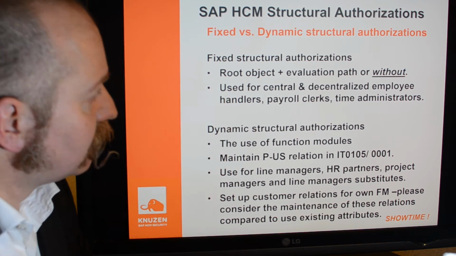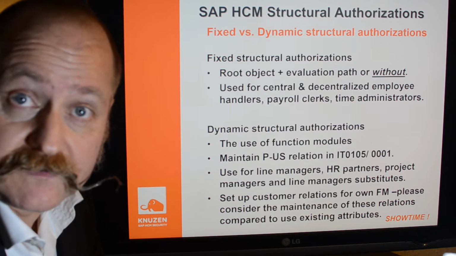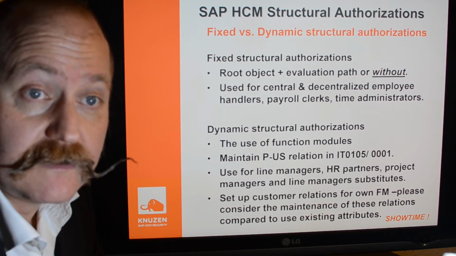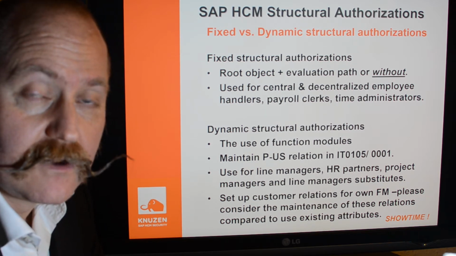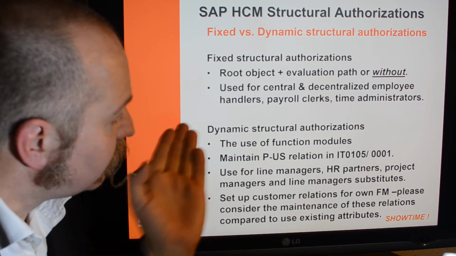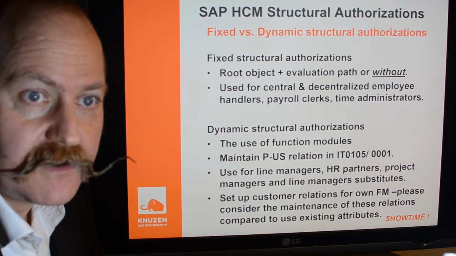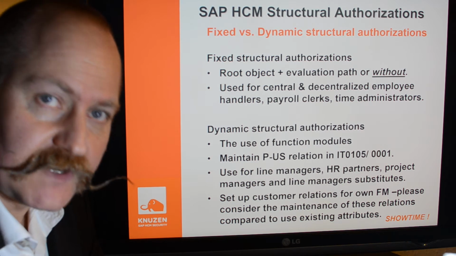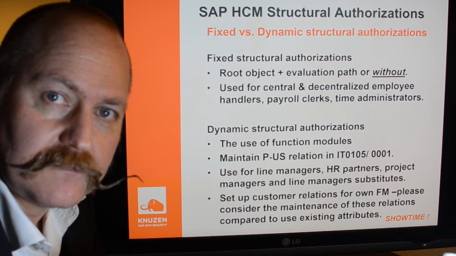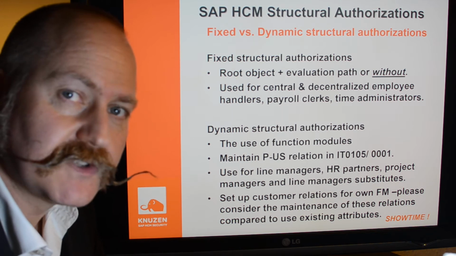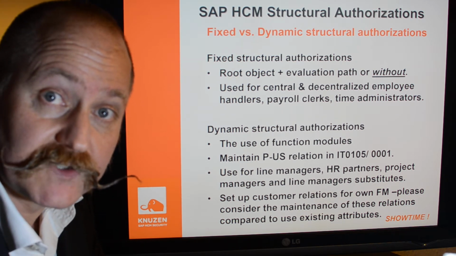This is typically used for employment handlers, for payroll clerks, for time administrators, those who are handling employees within national borders or regions. The other one is the dynamic structural authorizations. It makes use of function modules, so you can actually pick up some attributes on the user or from those employees the user is allowed to access.